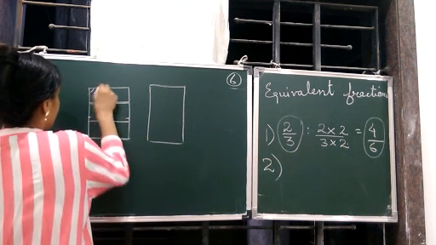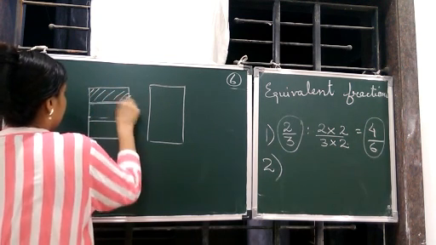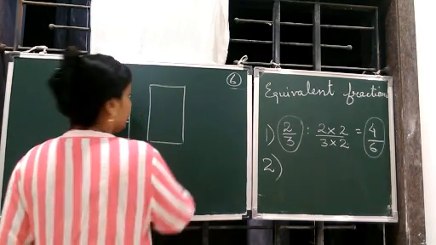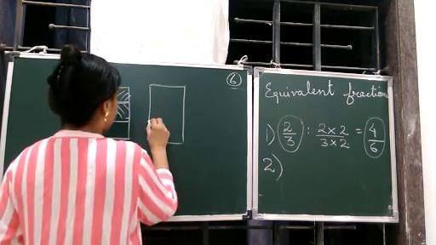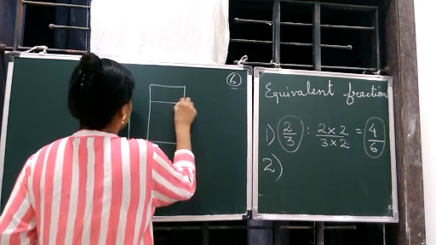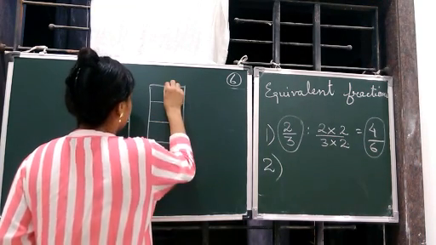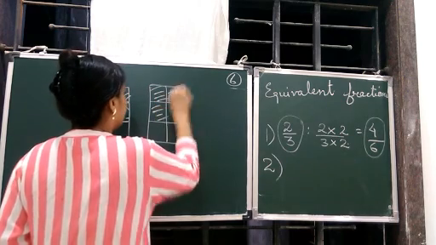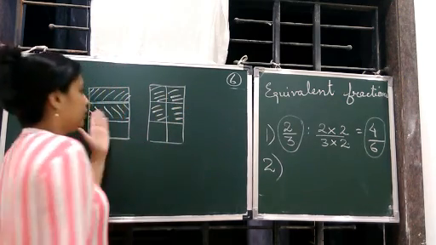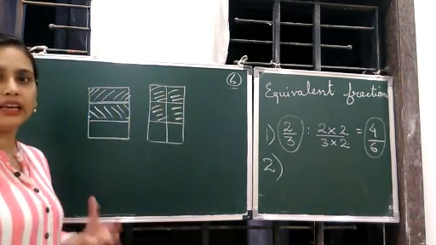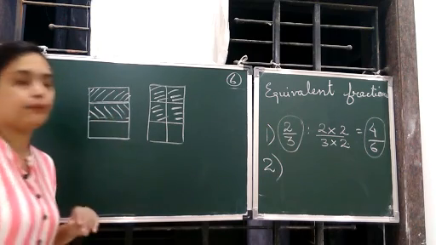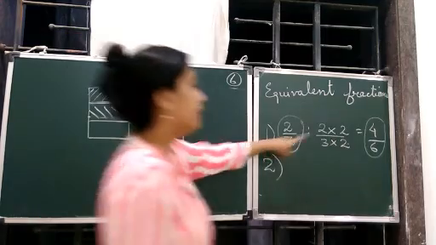So this is 1, this is 2. And here 4 out of 6 have to be shaded. Can you see? Equal area is shaded. Clear? So they both are equivalent fractions.